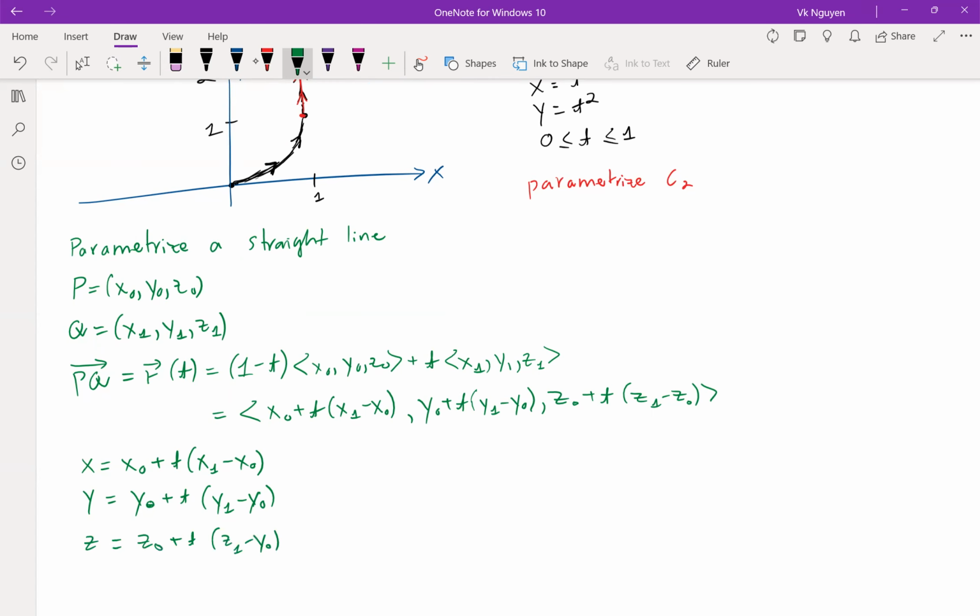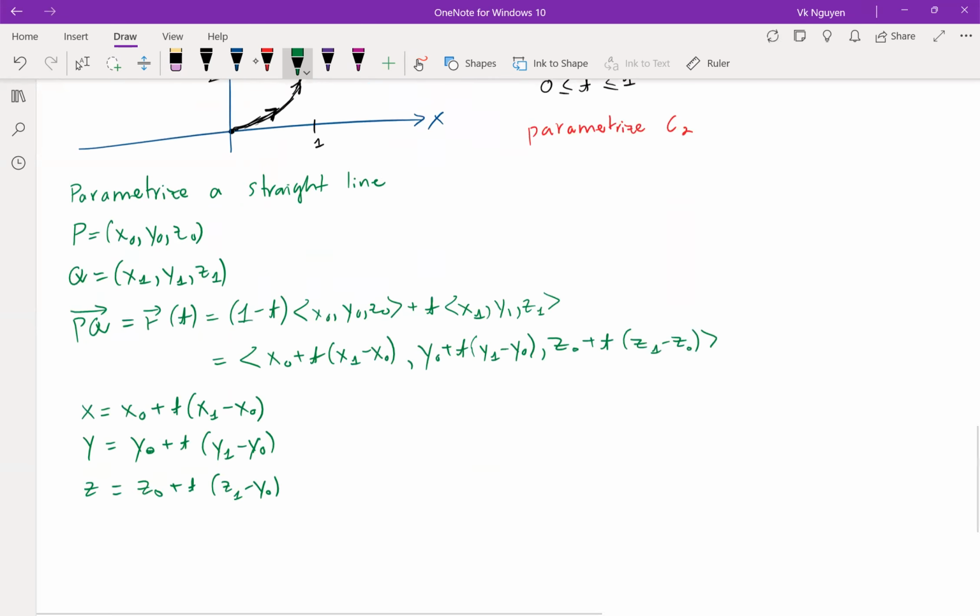That completely makes sense, for t has to be from 0 to 1. So when t equals 0, we have (x0, y0, z0). When t equals 1, we have (x1, y1, z1).